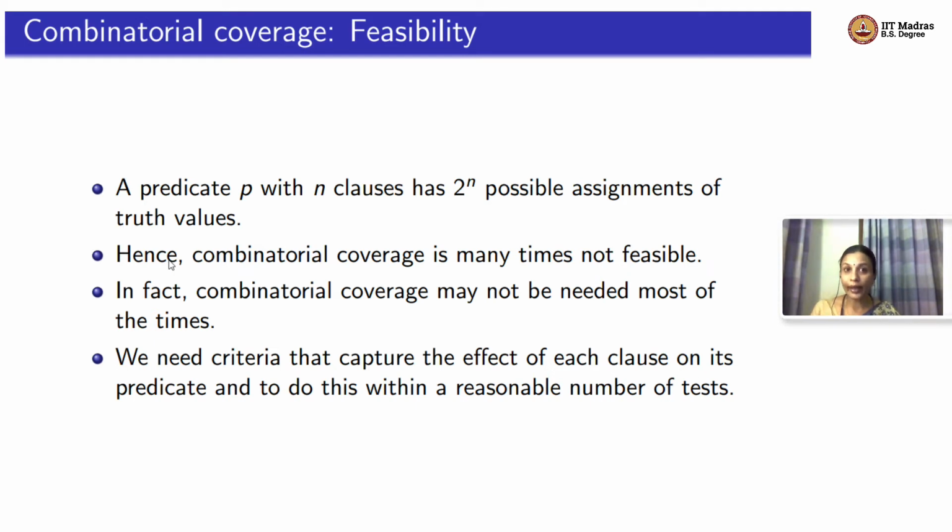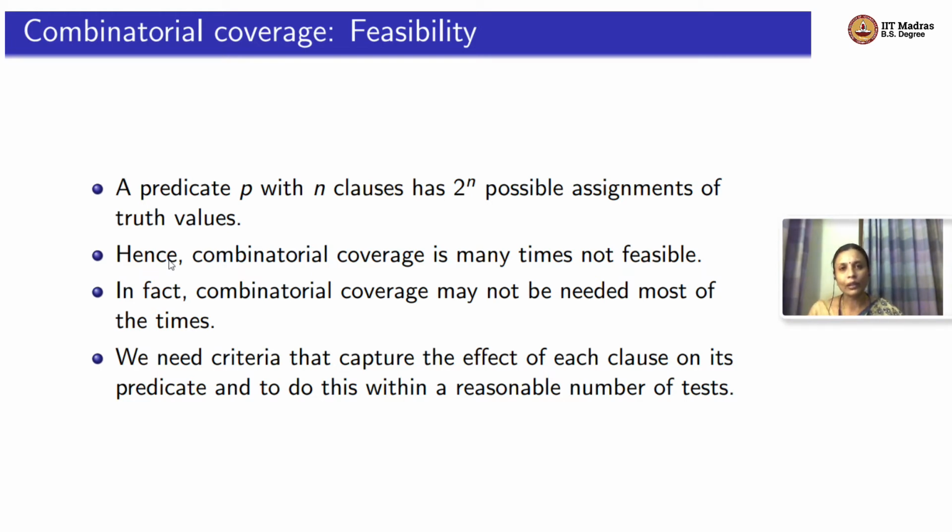So this is an exponential number of combinations, and it's an expensive deal in testing to test for all the combinations of criteria. And like we saw in loop coverage, it may not be necessary to test all the combinations. First of all, the number of combinations can grow exponentially large with the number of clauses.